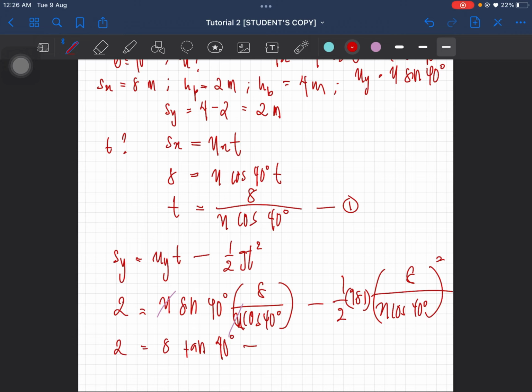So this is going to be 9.81 divided by 2, which is 4.905.